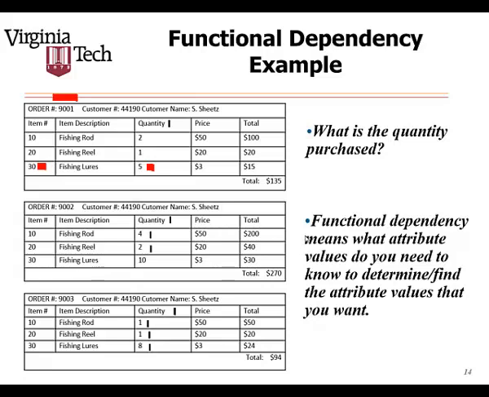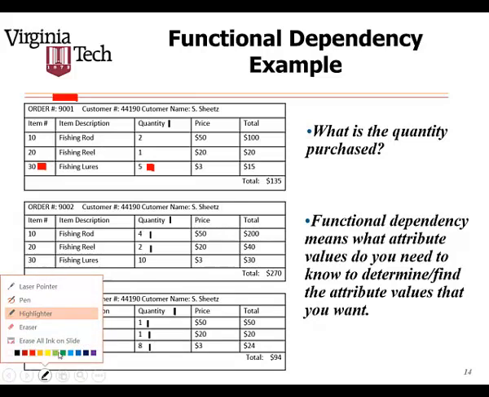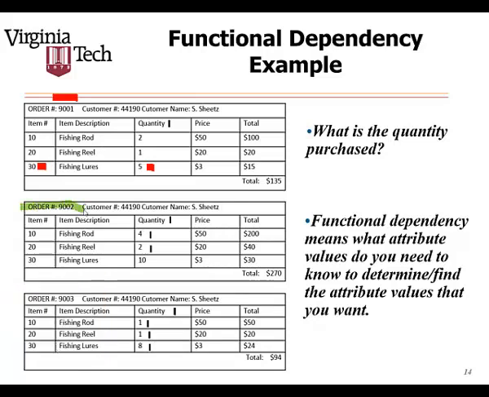This is the simple idea of functional dependency. You had to know two things. You had to know both the order ID and the item before you could know the correct value of quantity. And I think this is a good way to think about functional dependence, because without those two things, you couldn't know, right?